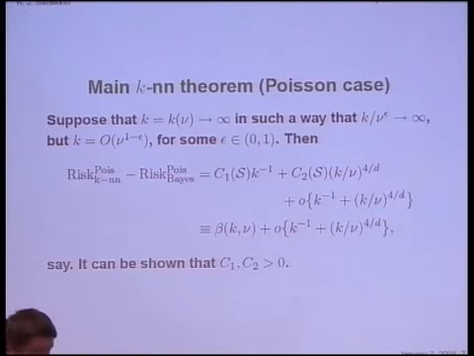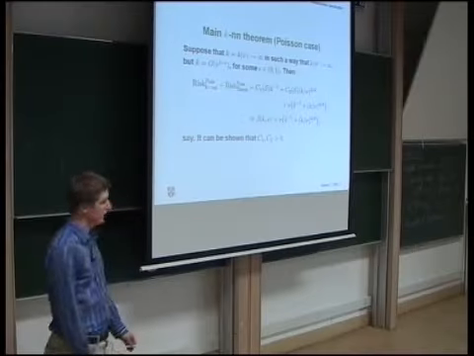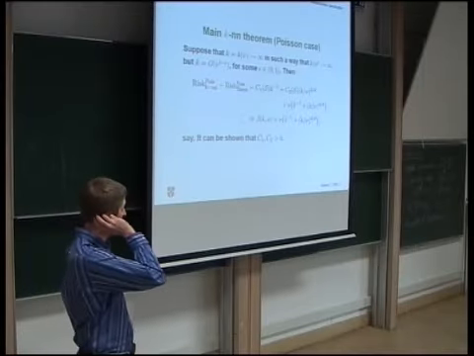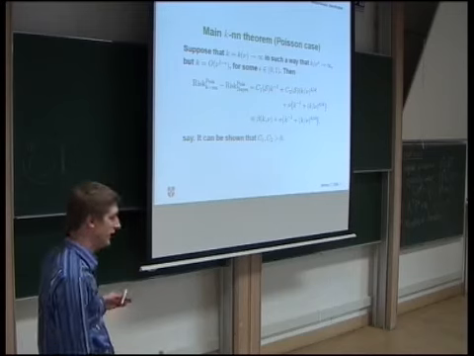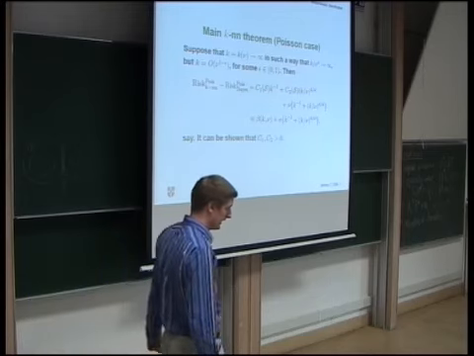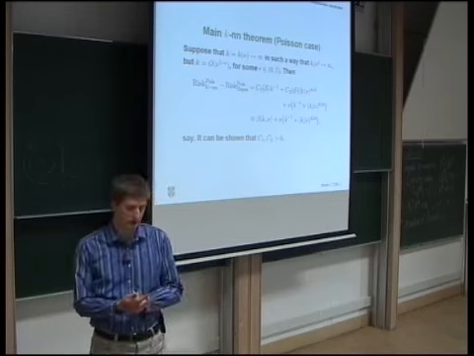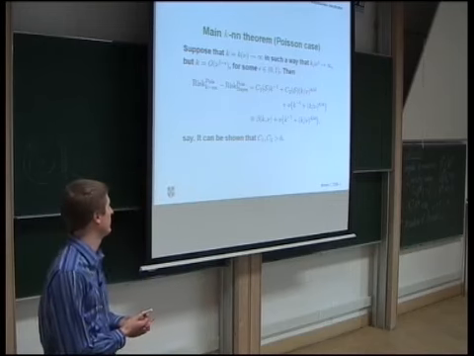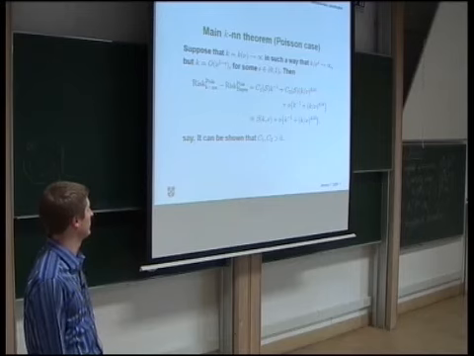The first dominant term is proportional to 1 over k, the second to k over nu to the 4 over d. This is fairly familiar from asymptotic expansions for various other non-parametric problems.